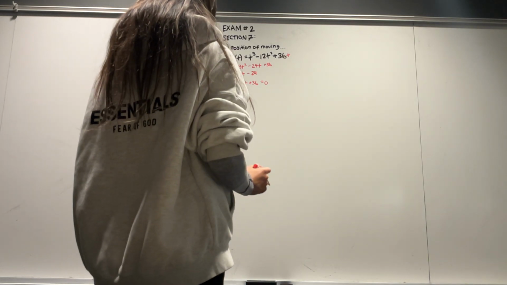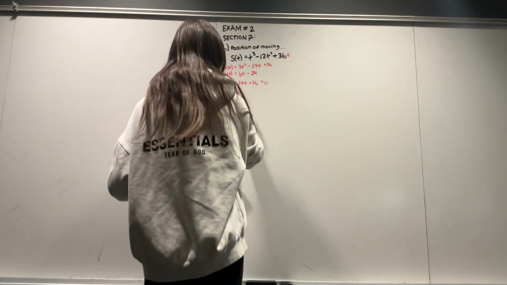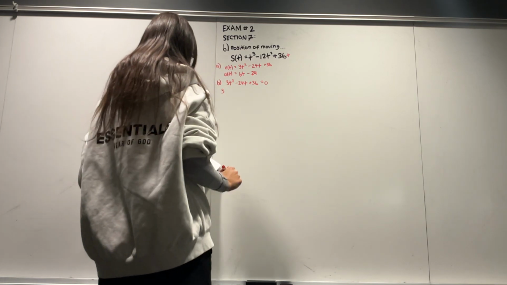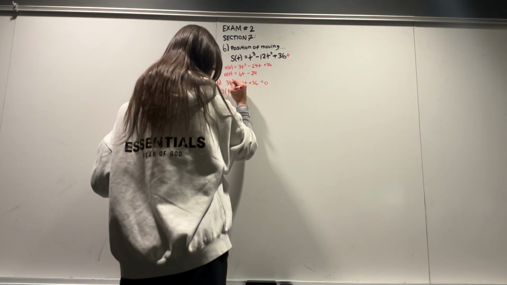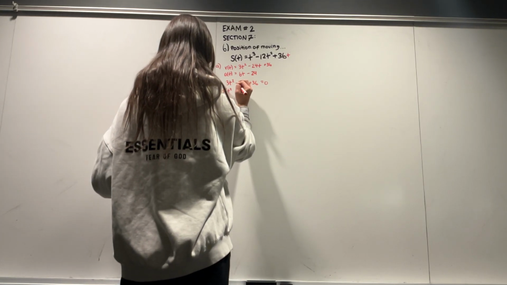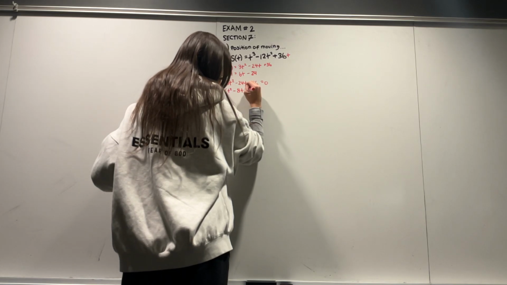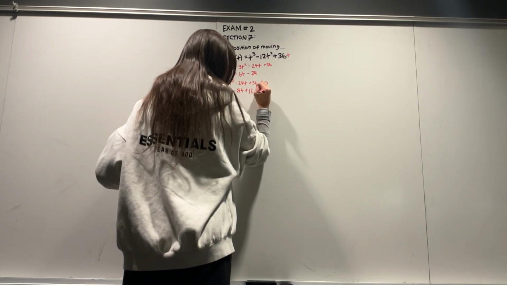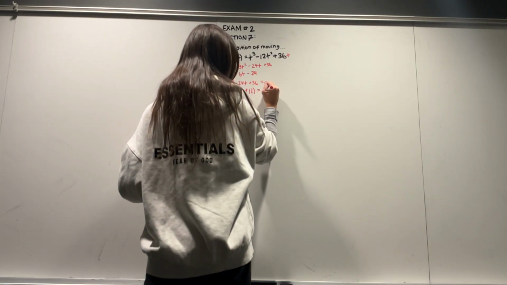What can we factor out? I factored out a 3, which gives me t squared minus 8t plus 12, and we'll set that equal to 0.